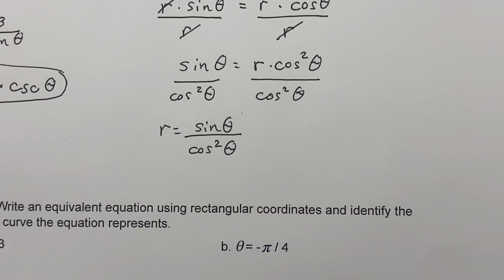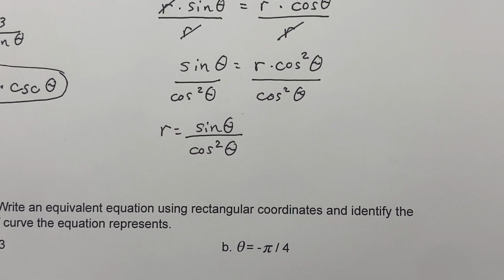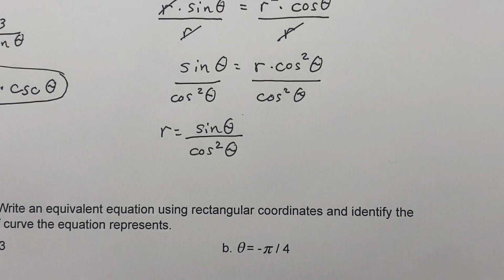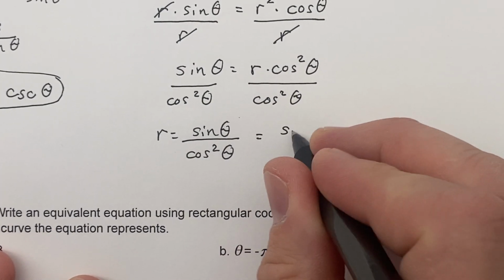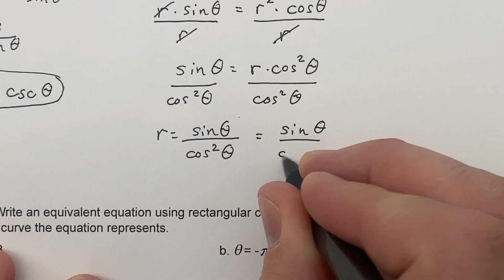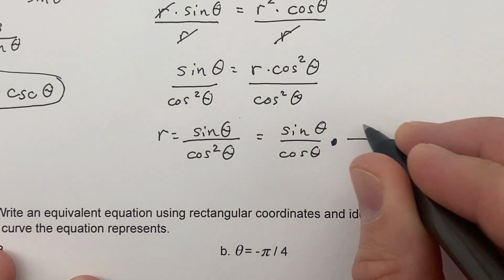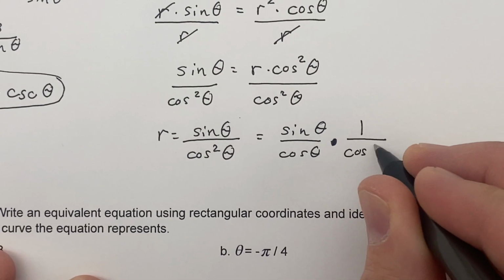And thoughts on how we should simplify this? There you go. So let's go sine over cosine, because I think we know that reciprocal ratio. And then we'll say that's times 1 over cosine of theta.